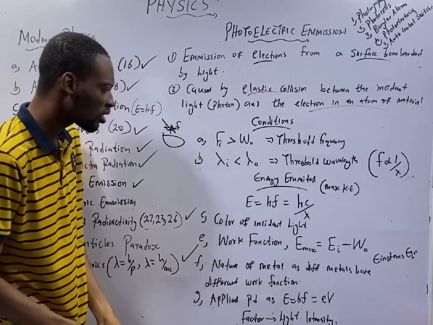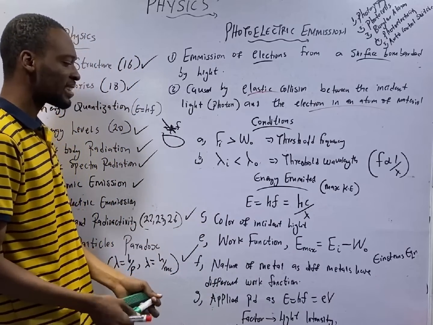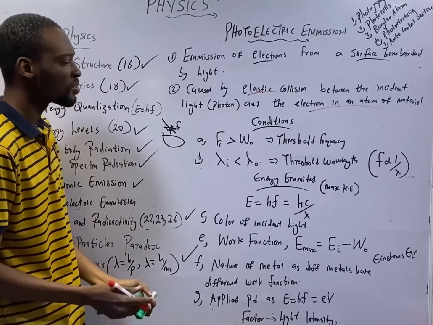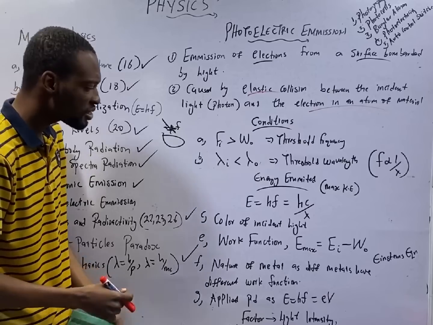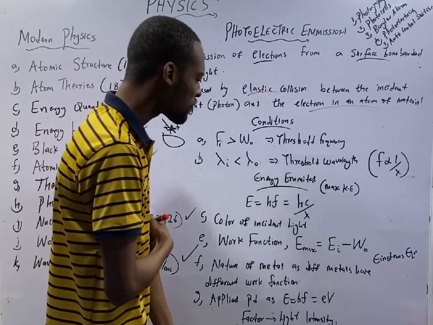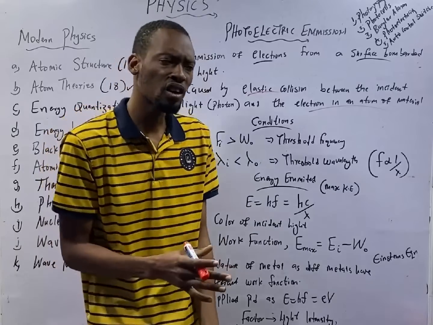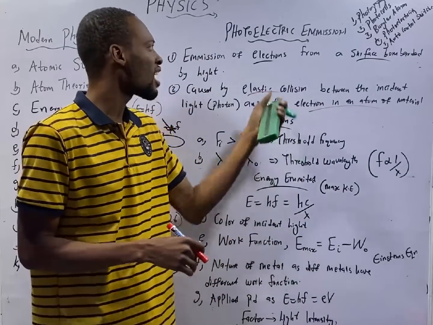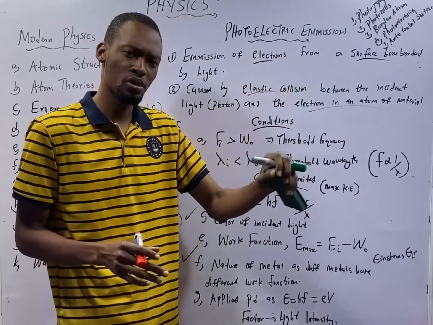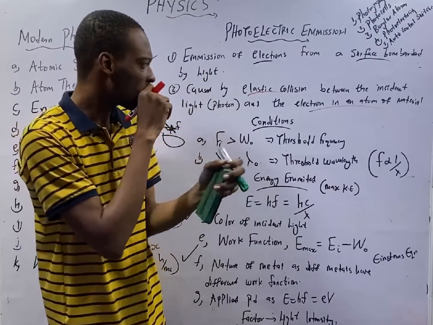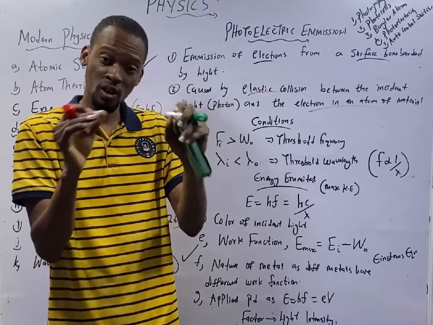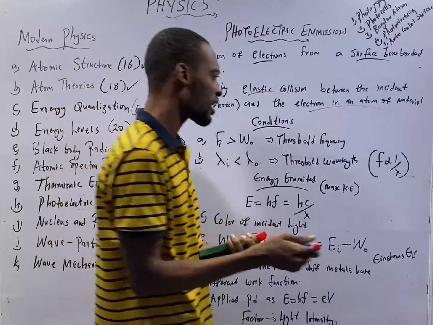Another factor or condition that determines the emission of rays is the color of incident light. Color of incident light affects photoelectric emission. Do you know why? Different lights, different colors, have different wavelengths. Look at this.